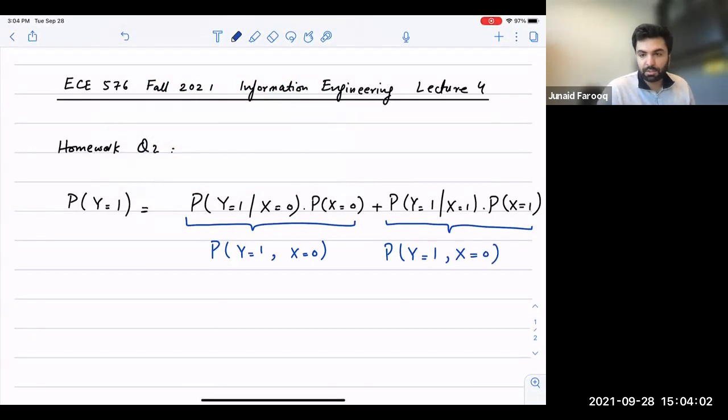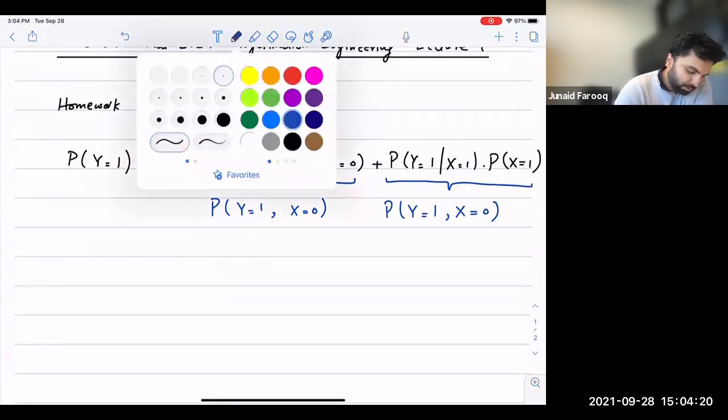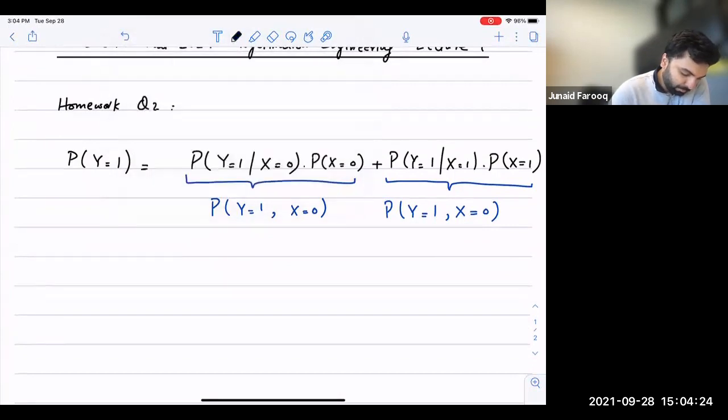So essentially, this is a marginalization over the variable x. It's the marginal of y actually being computed by adding up the joint probabilities. This whole thing here is sometimes called the law of total probability.